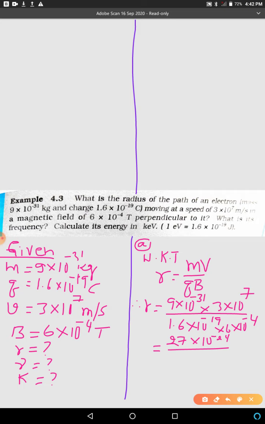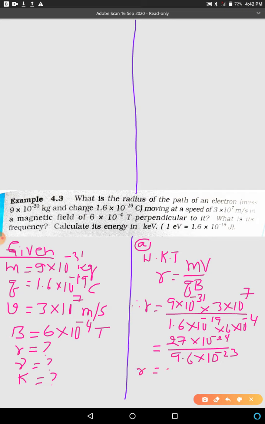Take the calculator. 1.6 into 6 will be 9.6. The denominator is 9.6 into 10 power of minus 19 minus 4, that will be minus 23. So 27 by 9.6, 27 divided by 9.6, is 2.8.